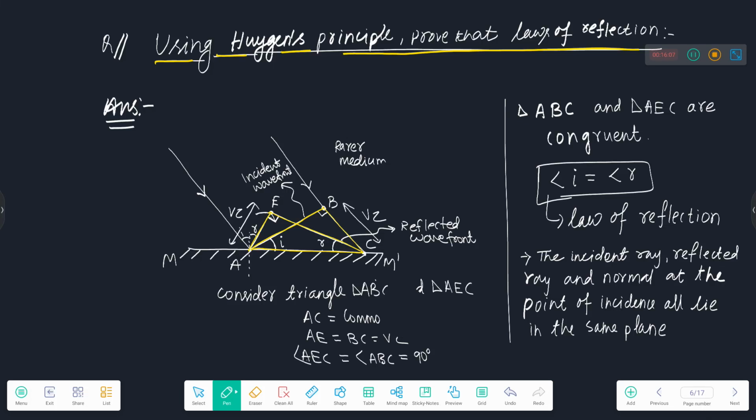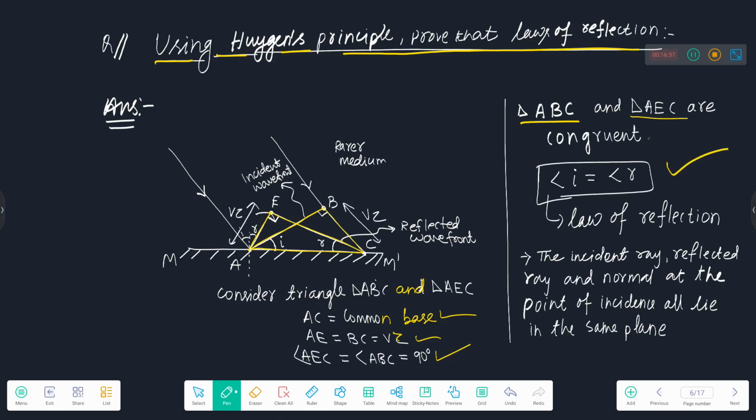You will consider triangle ABC and triangle AEC. AC is nothing but the common base, and AE and BC are equal, that is nothing but B tau. And the AEC and ABC triangles have equal angles, that E angle and B angle, which is 90 degrees. So from this data, what can we conclude? Triangles ABC and AEC are congruent.